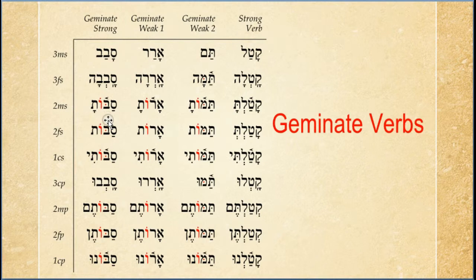Sa, you have lost that second bet, or vet, and it becomes sabut. And what you see is the dagesh forte in the bet, showing you that this was the doubling.